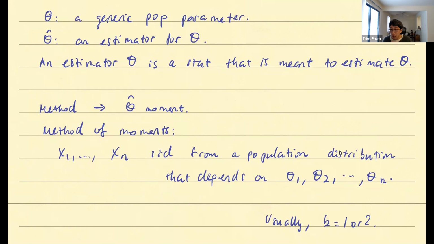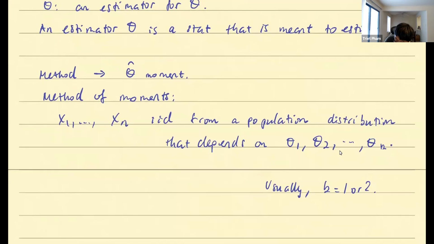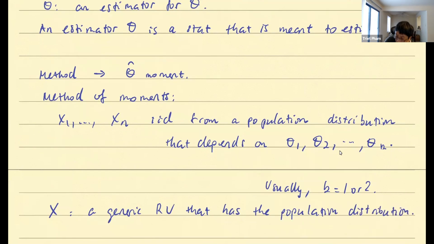Remember, by X I mean a generic random variable that has the population distribution. X is just some generic random variable that stands in for the population distribution. Basically, any one of these can be X, because they come from the population.